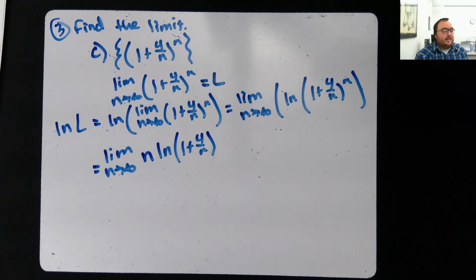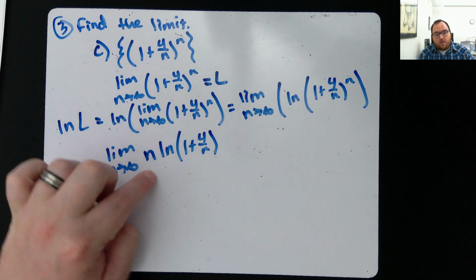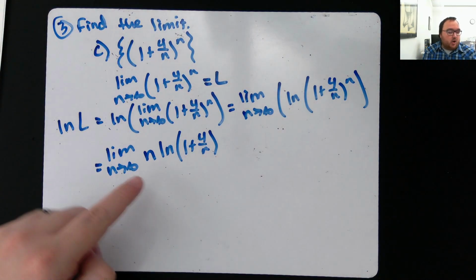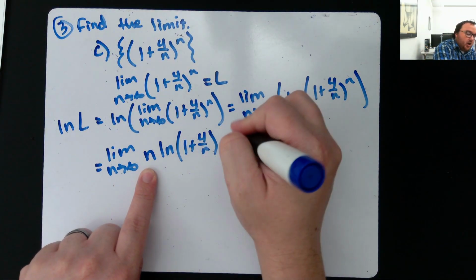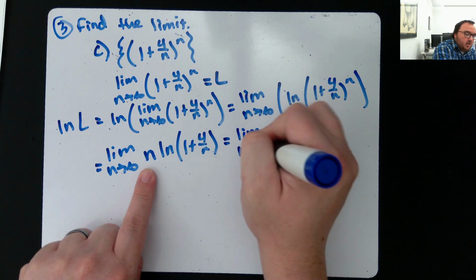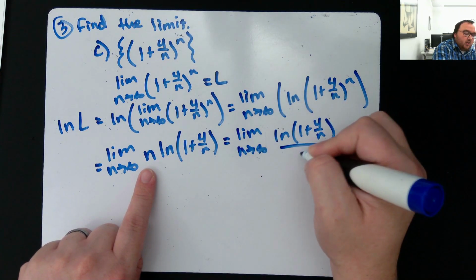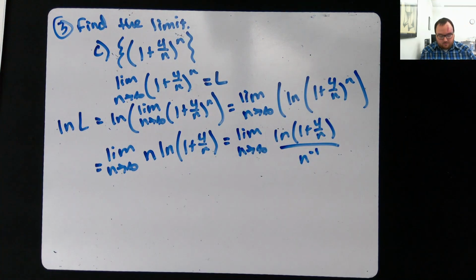Whenever I have an indeterminate form, I want a fraction. So how I'm going to do that is I want to bring n to the denominator and write it as to the power of -1. So n to the -1.